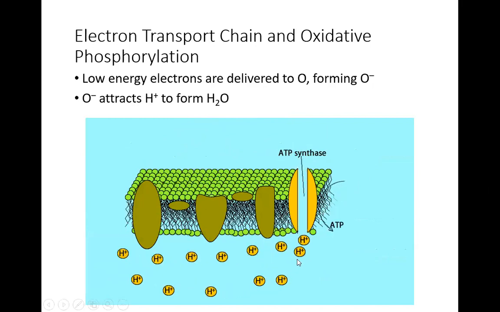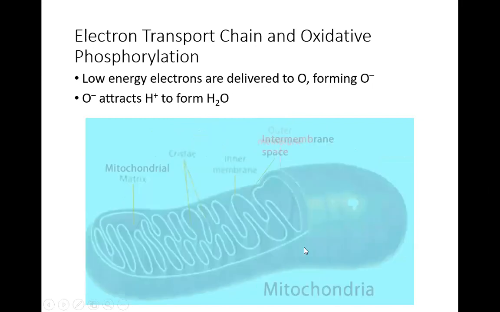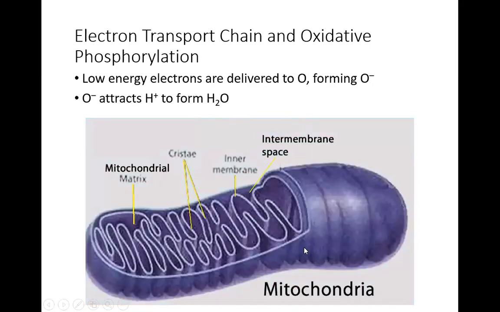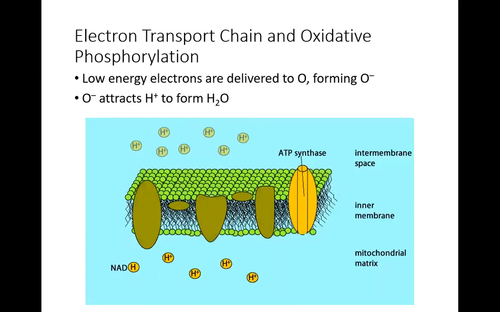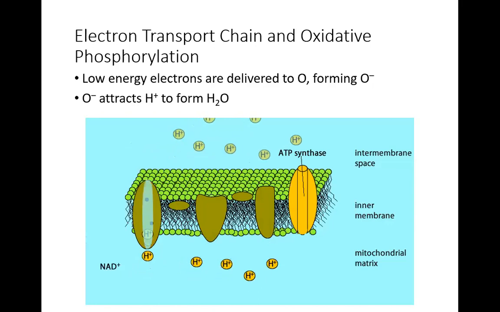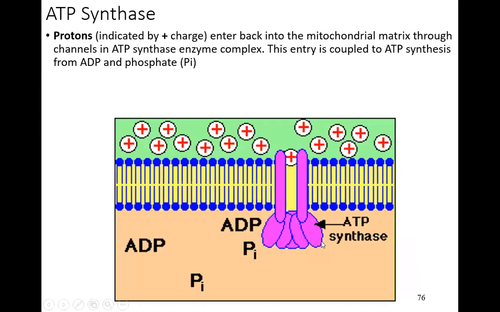The oxygen's happy, the electrons are happy, the hydrogens are happy. Without oxygen, we don't grab electrons. Without electrons, we don't grab hydrogens. As hydrogens accumulate, we don't make any more ATP. So we have to have oxygen to make ATP, lots of ATP.